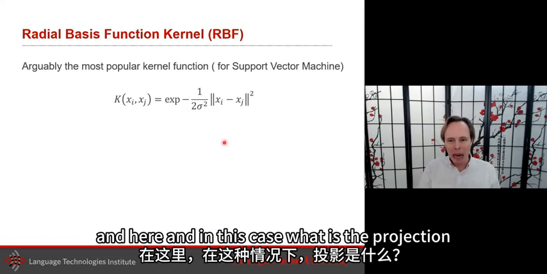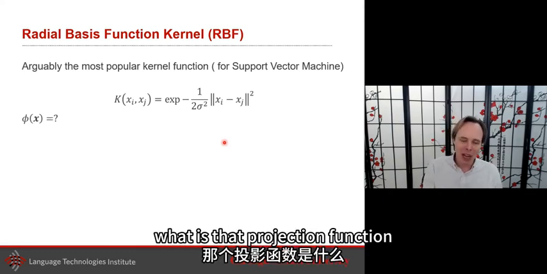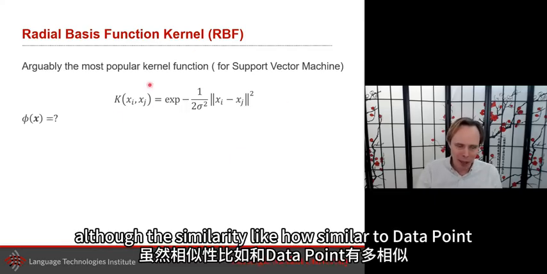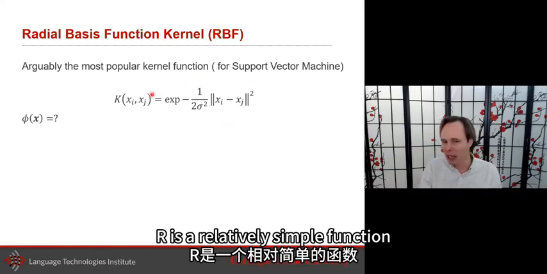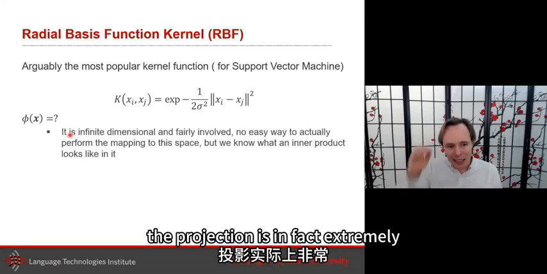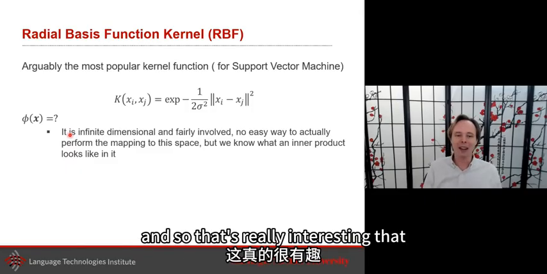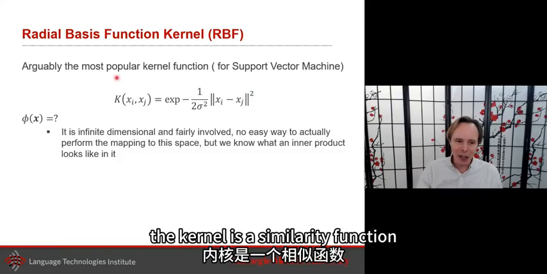And in this case, what is that projection function? Although the similarity, how similar two data points are, is a relatively simple function, the projection is in fact infinite dimensional. And so that's really interesting: the kernel is a similarity function.